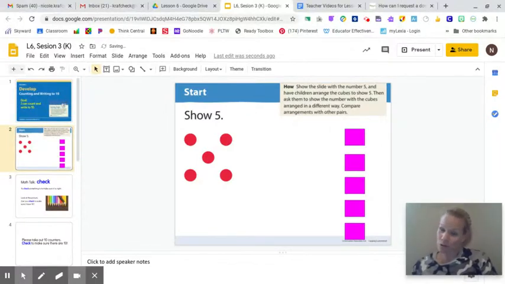How did you arrange your 5? Did you make it look like these dots here? Did you make them in a nice straight line like me? Maybe you did it a different way. There are lots of ways to show 5 with your counters, okay? All right, let's check out our next slide together.